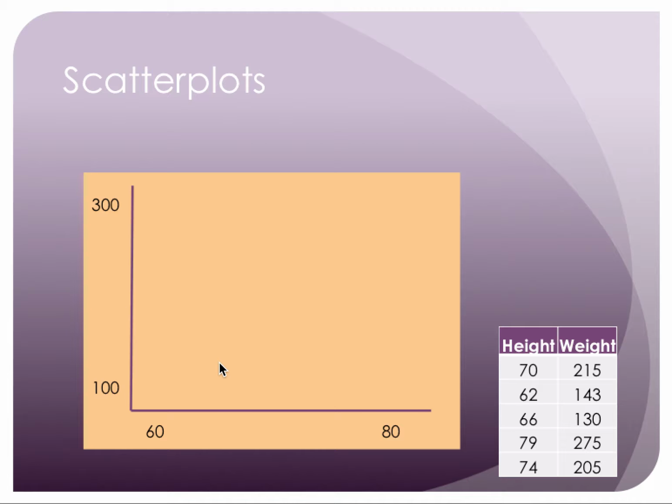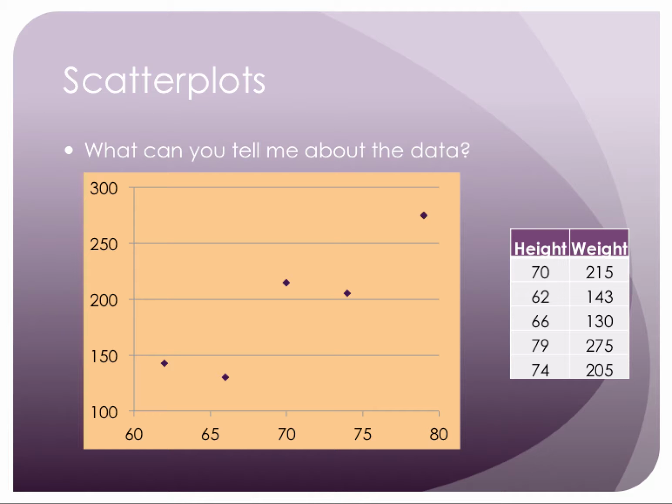Well, you could do it this way, but you can also give yourself a little bit more help by making some grid lines in here. So, for example, if you were to plot 60 and 80 and have 65, 70, 75 along the way, and from 100 to 300 have these values along, it could be more helpful for you to be able to say 70, 215, well, we got 70 already there, 215 is right there.